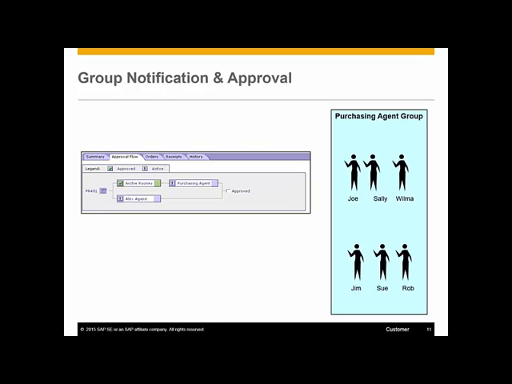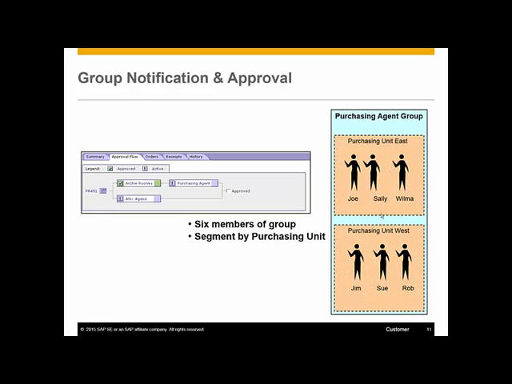The following is an example of how approval flows can be extended based on purchasing units. Here we have an item, a purchase requisition, submitted which requires approval from the purchasing agent group. The purchasing agent group currently has 6 members: Joe, Sally, Wilma, Jim, Sue, and Rob.